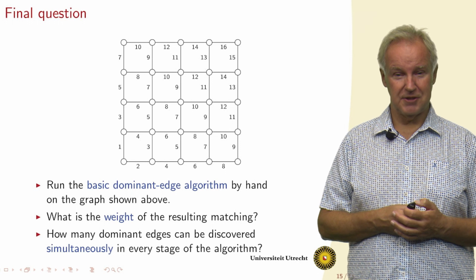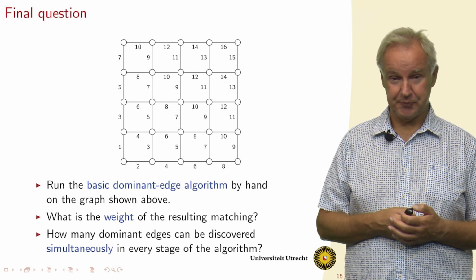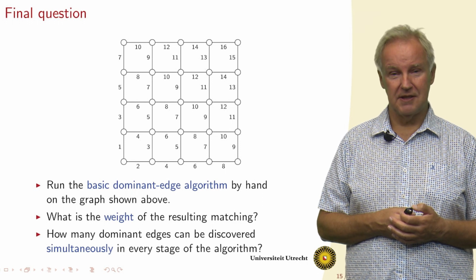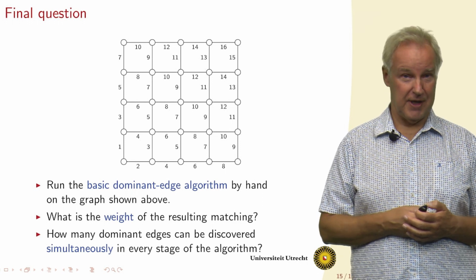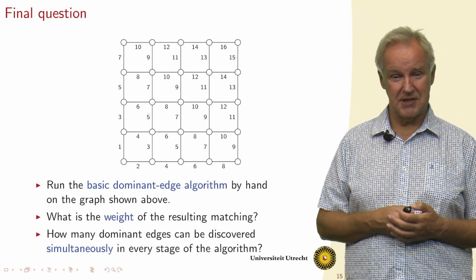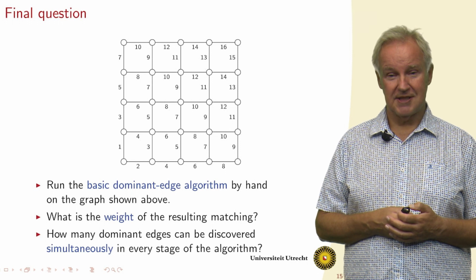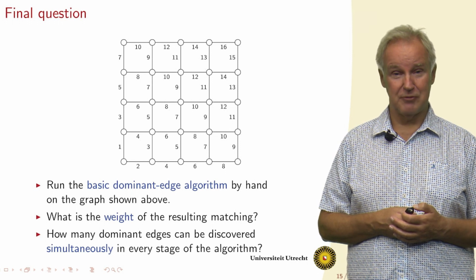A final question to you. You see a grid graph here, a 5 by 5 grid. Every vertex is connected to its neighbors to north, east, south, and west. I have a particular pattern of weights in this graph.